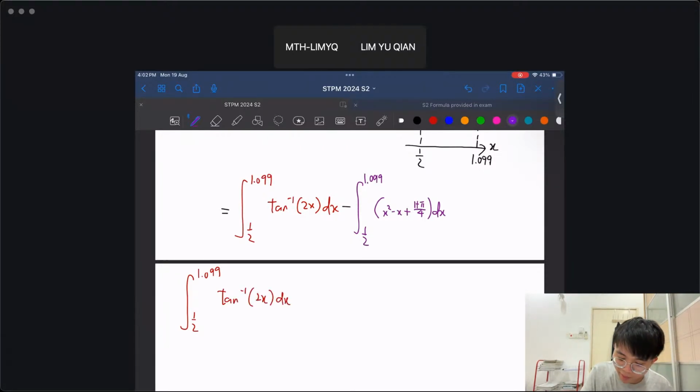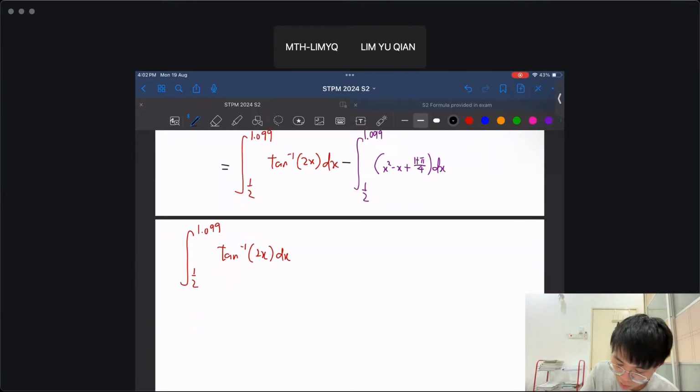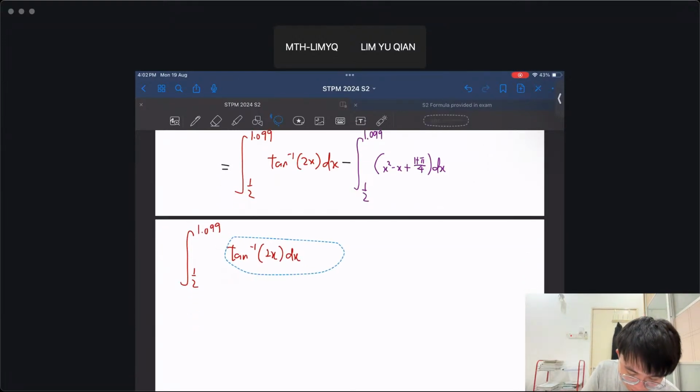So integration by parts. Okay, this one is a common one. If you only have an inverse trigonometric function alone, you multiply by 1, you can think of it as just 1 multiply.